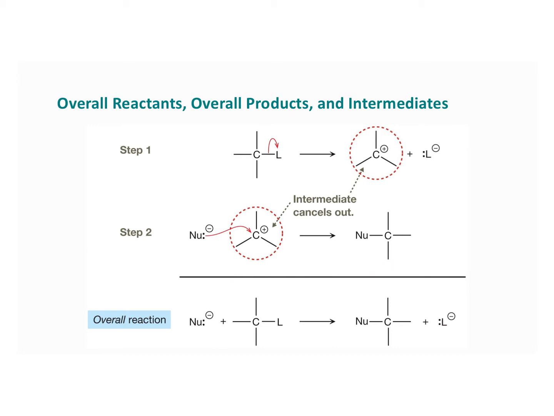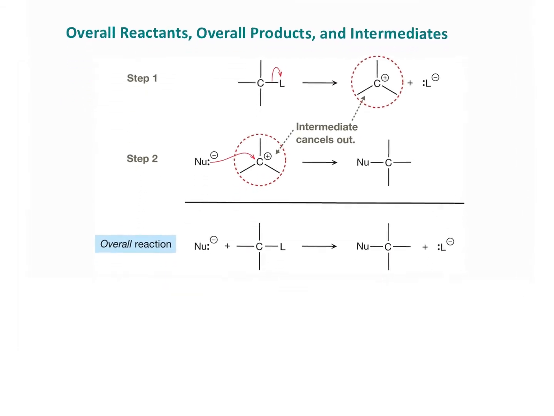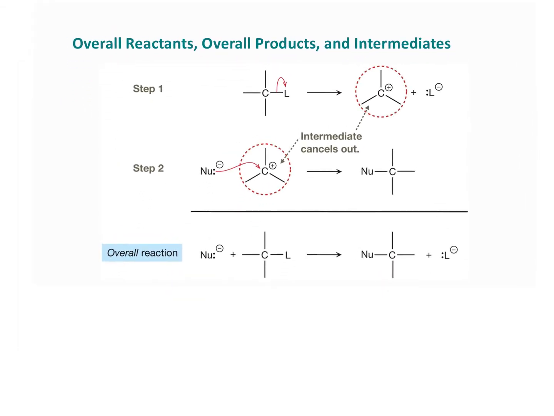The overall reaction is also known as the net reaction. It describes the changes that occur throughout the course of the complete mechanism and is obtained by adding together the elementary steps.